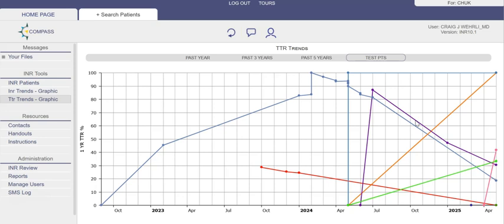And those patients might tend towards lower TTR values and will be grouped here at the bottom. So it's a way for us to identify within one clinic those patients that are having problems and those patients that are in good control.